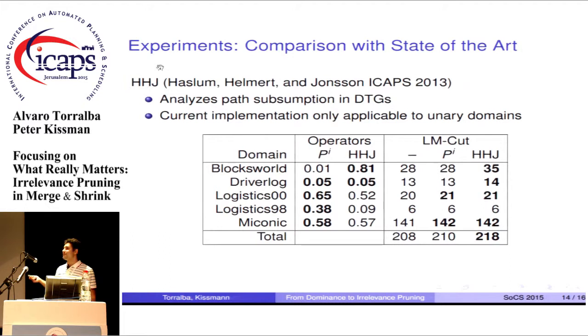But it has the important limitation that the current version is only applicable to unary domains. And as we can see, they have similar performance in all the domains where it is applicable, except on Blocksworld, but it has to be said that in Blocksworld, we are using different representations here, so the results are not really comparable.